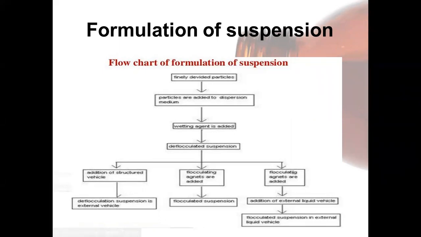Different approaches are used to achieve flocculation. Number one, most dispersed particles possess a surface charge. The intensity of this charge can be reduced by the addition of agents with an opposite charge like electrolytes. As a result, the zeta potential decreases and particles establish attractive forces between the adjacent particles.